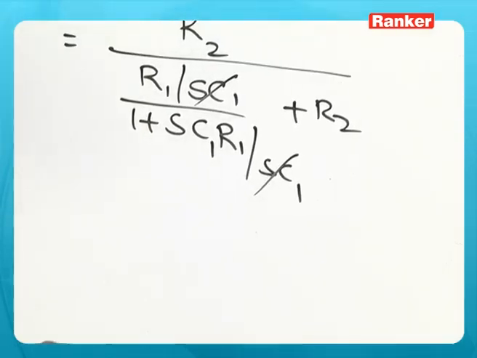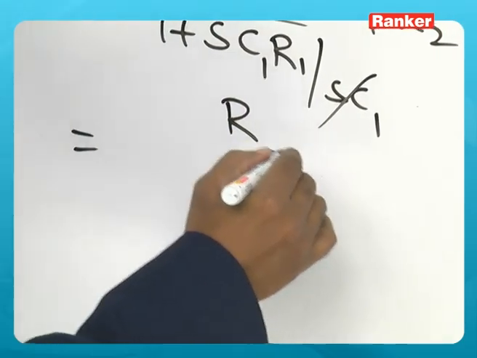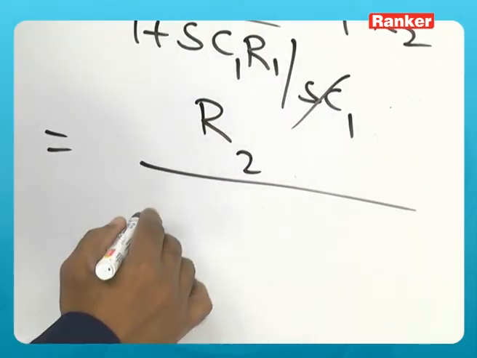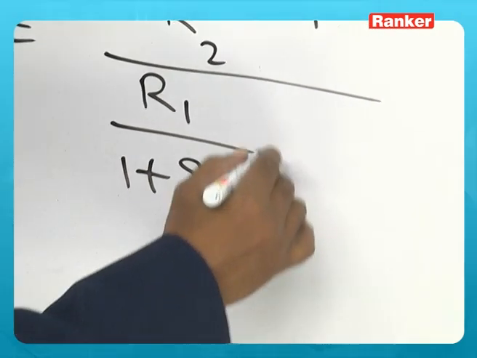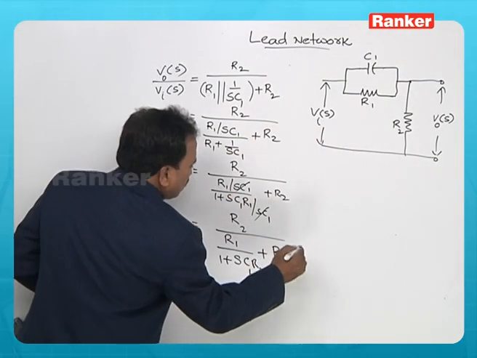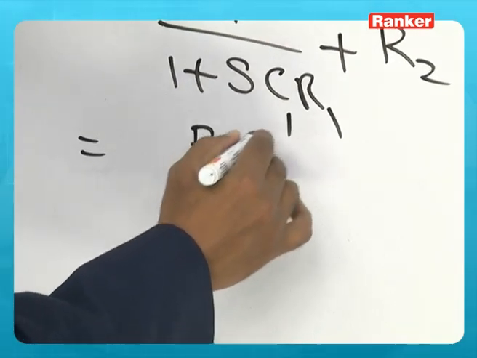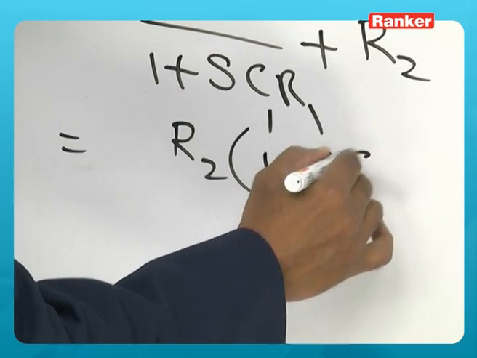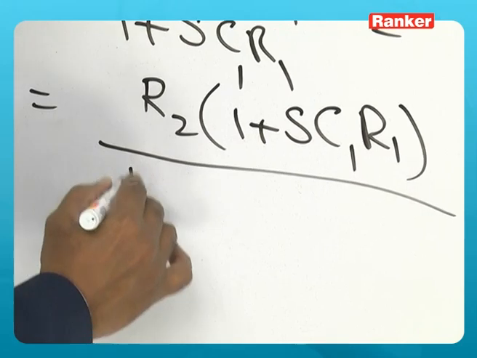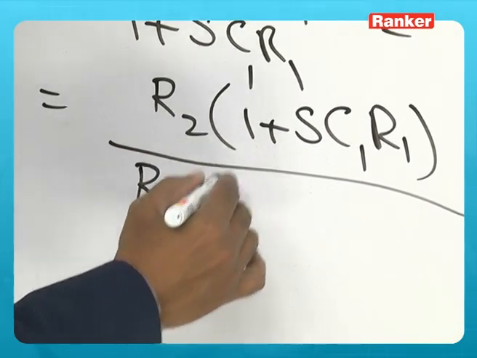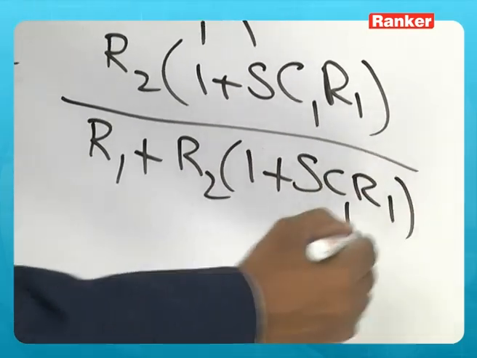Then further simplification of this circuit is R2 by R1 by (1 plus SC1 R1) plus R2. It leads to R2 into (1 plus SC1 R1) divided by R1 plus R2 into (1 plus SC1 R1).